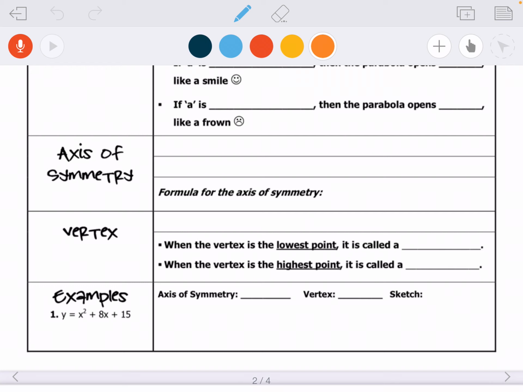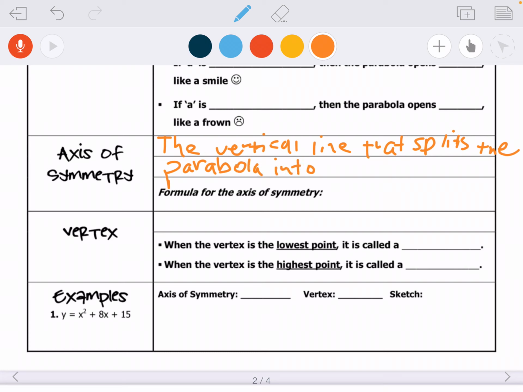So the axis of symmetry, I'm going to write this out, excuse my handwriting. It's hard to write with the stylus. It is the vertical line that splits the parabola into two equal parts.